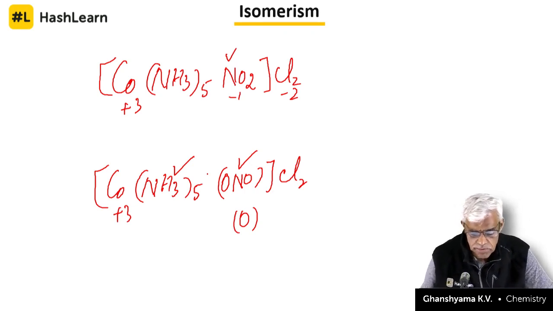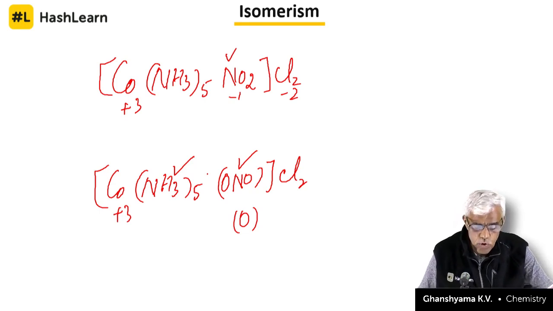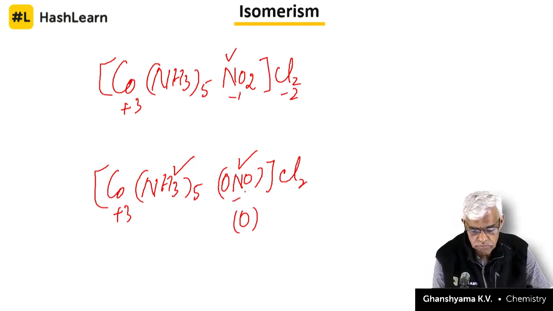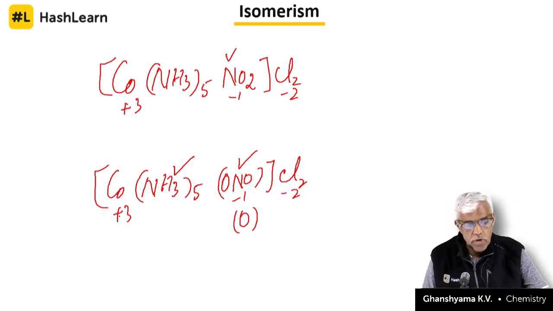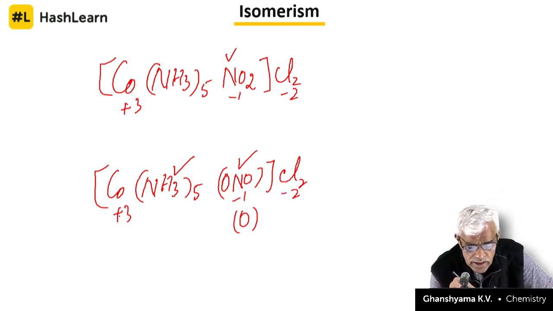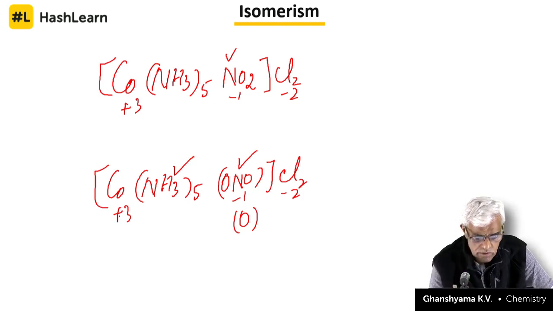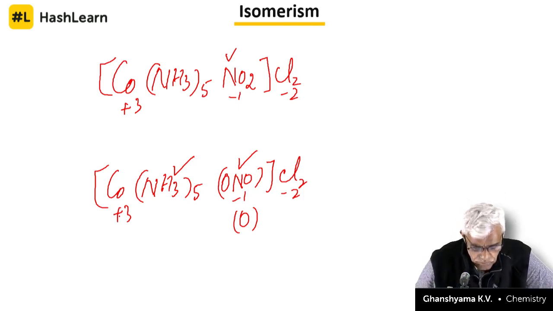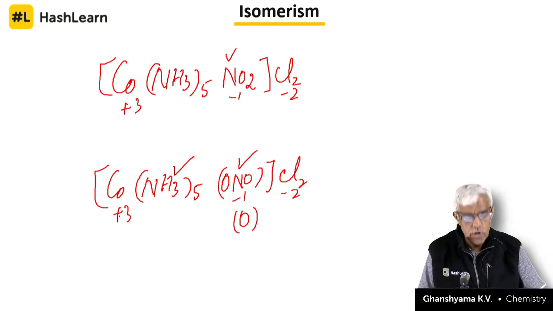Therefore the name is pentaamine nitrito O cobalt 3 chloride. That doesn't change, +3 doesn't change. So this is pentaamine nitrito N cobalt 3 chloride. This is pentaamine nitrito O cobalt 3 chloride.